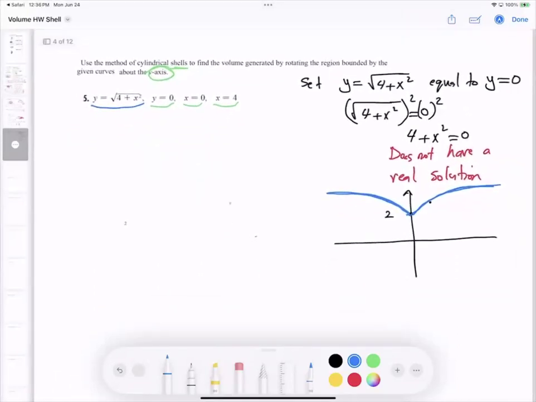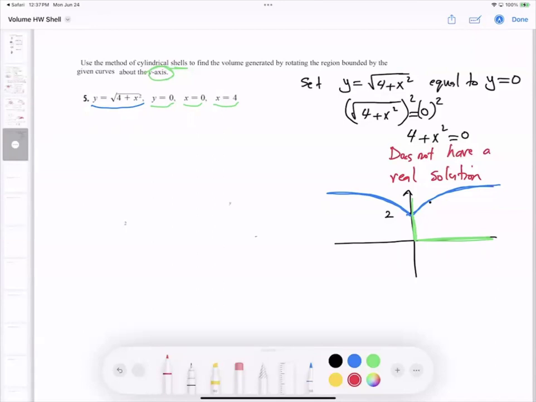Now, y equals 0 is basically the x-axis. x equals 0 is your y-axis. x equals 4 is this vertical line. When x is equal to 4, you get the square root of 4 plus 16, which is the square root of 20.